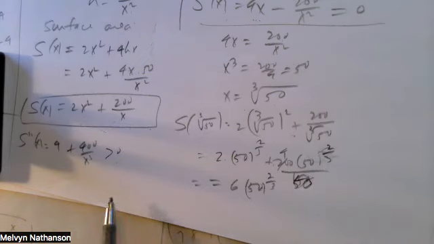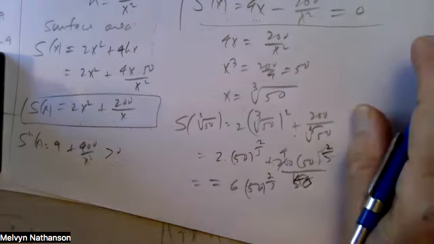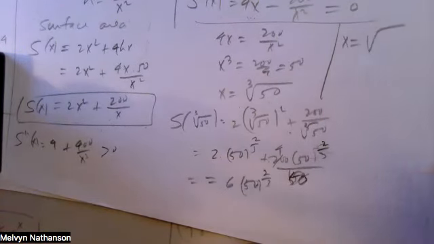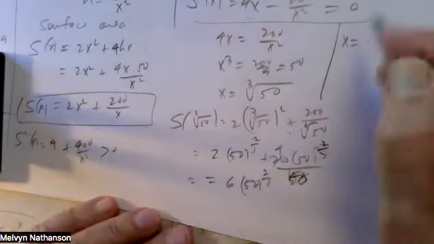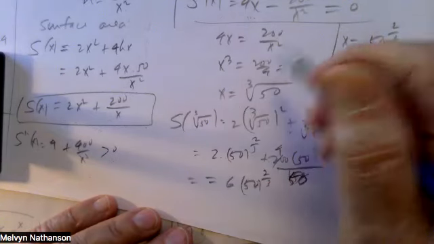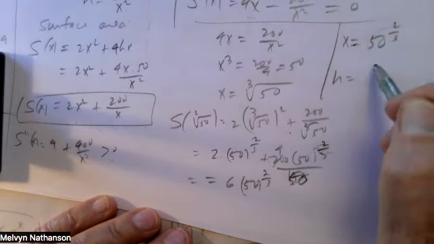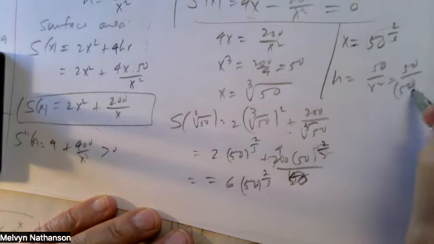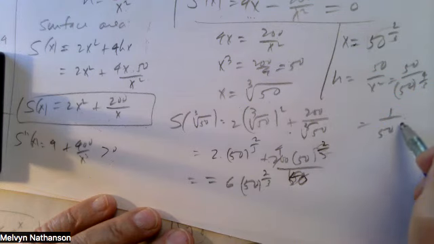So we have the absolute minimum when x is, sorry, not the cube root of 50, the cube root of 50 squared, or 50 to the power 2/3, and the height h is 50 over x squared, which is 50 over 50 to the 4/3, which is 1 over 50 to the 1/3.